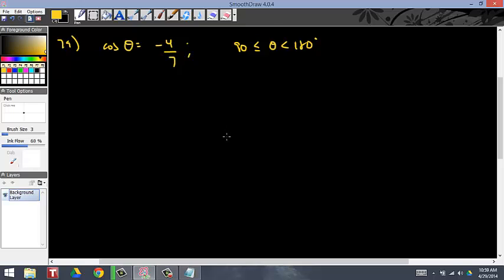The fact that the angle is between 90 and 180 means we are in quadrant 2. So I draw a quadrant 2 triangle. I make theta the origin angle. Remember, cosine is negative in the second quadrant, so it's going to be negative 4 over 7 here.